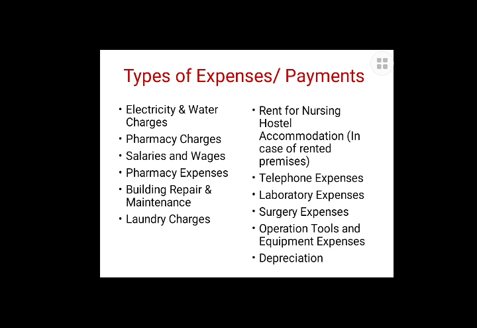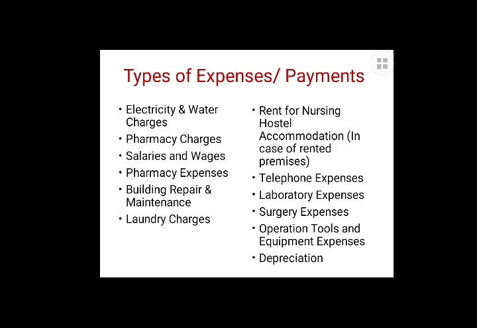Now let us understand expenses and payments. Electricity and water charges, pharmacy charges, salary and wages, pharmacy expenses, building repair, maintenance, laundry charges, rent for nursing hostel accommodation in case of rented premises, telephone expenses, laboratory expenses, surgery expenses, operation tools and equipment expenses, and depreciation.